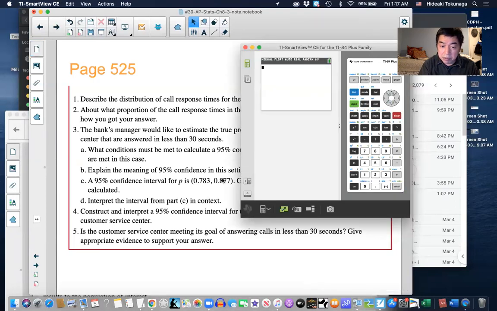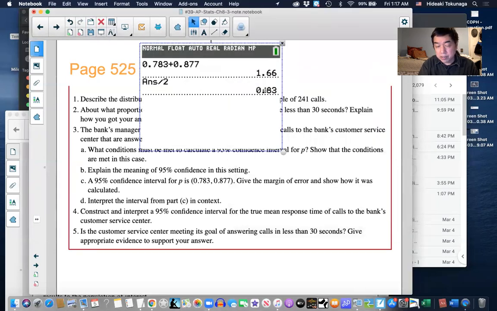If they give you these values already, 0.783 plus 0.877, add them together and divide by 2, which is 0.83. That must be the mean of those two values, and the plus or minus value must be the margin of error.